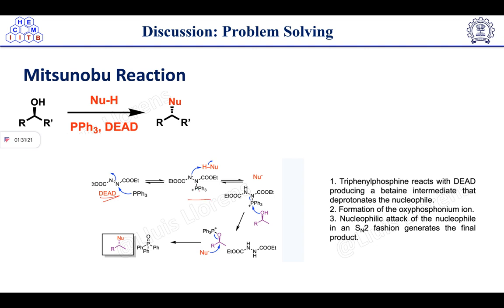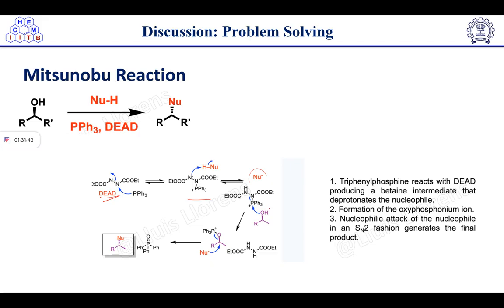So after getting this intermediate, this is also a halide-type intermediate. Triphenylphosphine reacts with that to produce the betaine intermediate. This betaine intermediate deprotonates the nucleophile. It will deprotonate the nucleophile and it will form this. Nucleophile is here. Formation of the oxyphosphonium salt takes place.